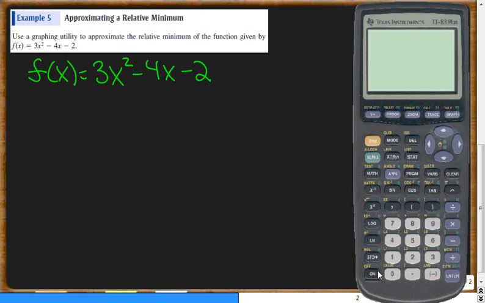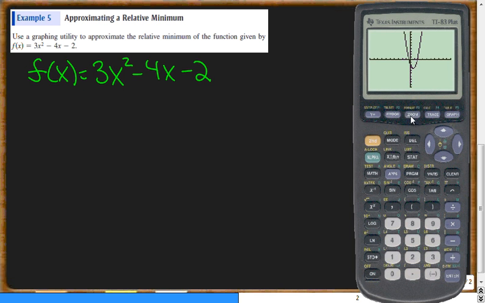First thing we need to do is put it into our y equals, so we get 3x squared minus 4x minus 2. And we're going to graph this. The first thing you want to make sure is that you can see it in your image.